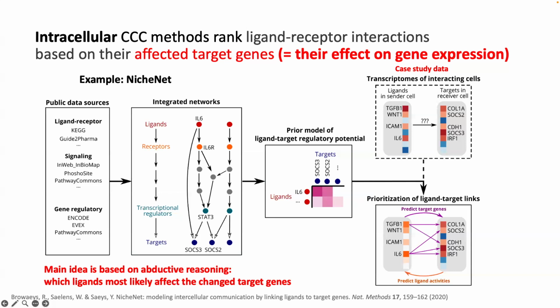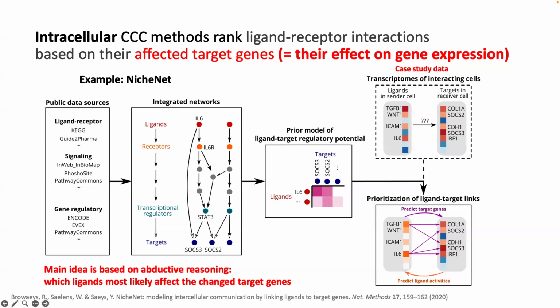So NicheNet will calculate a so-called prior model. This prior model basically summarizes this whole network in a matrix of probabilities of ligands signaling all the way down to certain target genes. And so if you measure expression of certain target genes in your receiver cell, you can look at changes in gene expression in these target genes due to your cell-cell communication.